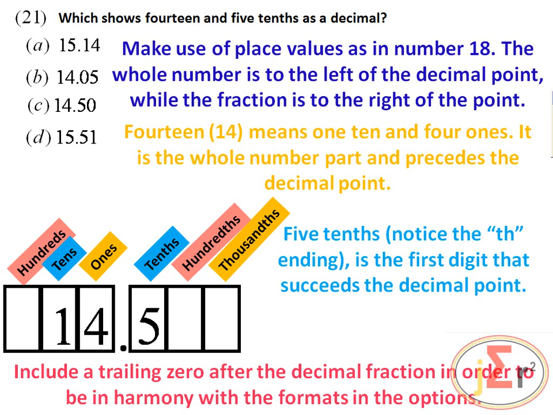A trailing zero to the right of a decimal fraction does not affect the value of the fraction. So option C is therefore the correct option.